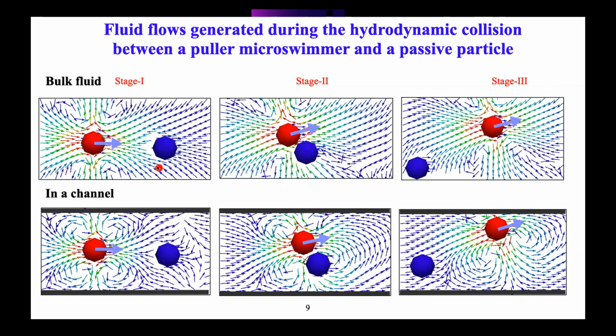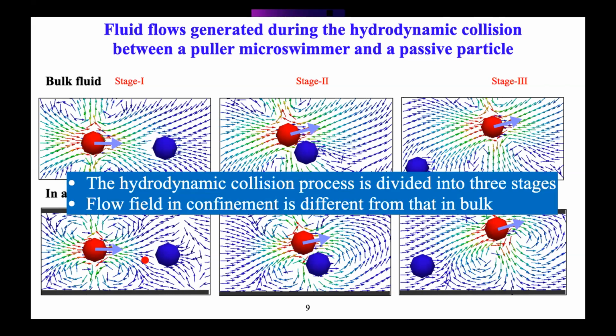The difference between the flow fields in confinement and bulk fluid is that in confinement, we see closed streamlines in comparison to open streamlines in the bulk fluid. Also, the strength of the flow fields is weaker in confinement compared to bulk fluid. These two main differences can lead to different dynamics of the microswimmer and passive particle in channel confinement compared to an unbounded fluid.